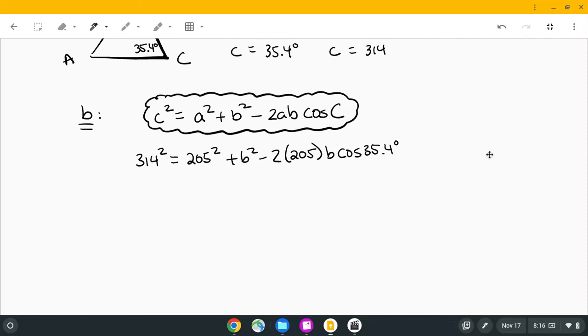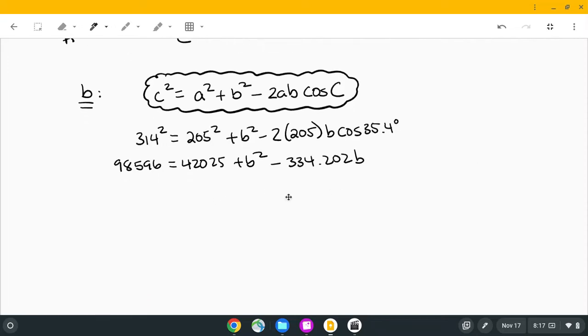Don't be afraid of big numbers. So punch this into your calculator and you should get this, and then this, and b we don't know. And then when you punch all of this in, you should get 334.202b. All right, another quadratic.